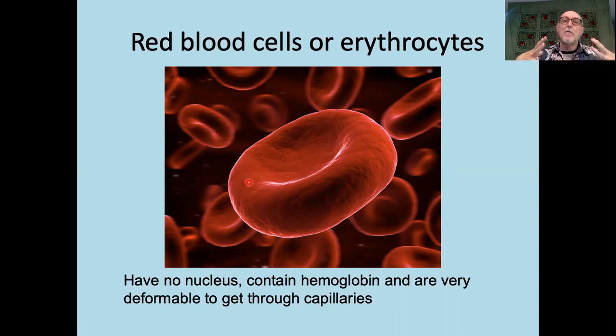The hemoglobin picks up the oxygen. We send the hemoglobin in the red blood corpuscles to the distant parts of the body where oxygen is poor. It's been used up by metabolism and everything else. When the hemoglobin arrives in those areas, it'll dump its oxygen. And then the red blood corpuscles return to the lungs to be re-oxygenated again.